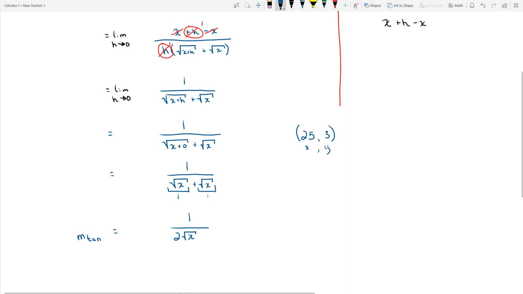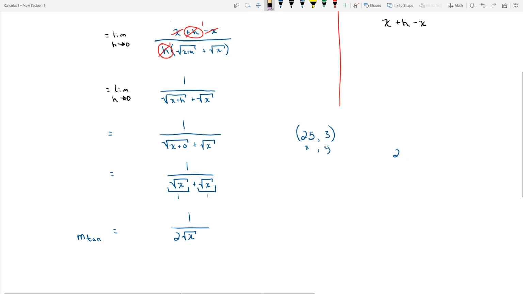So we would have 1 over 2 times the square root of 25, and that would give us 1 over 2 times 5, which would give us the slope of 1/10.